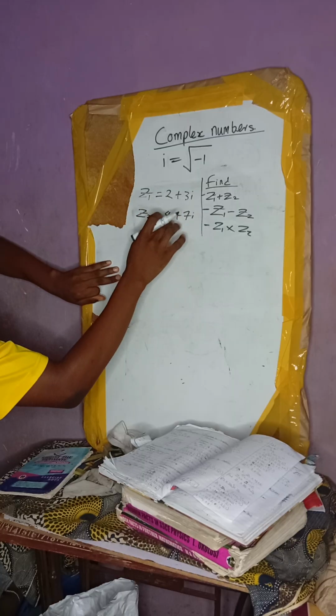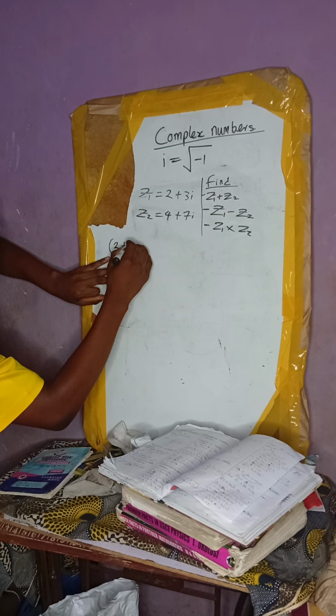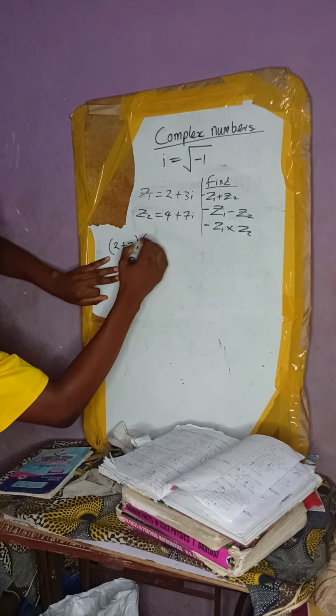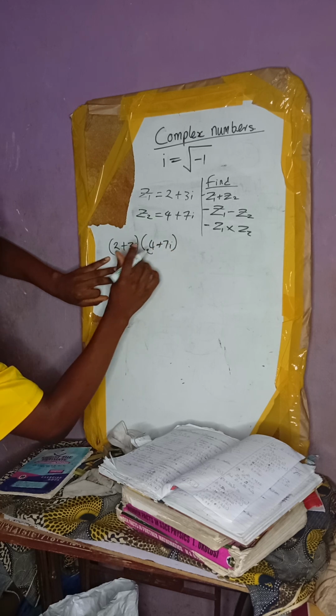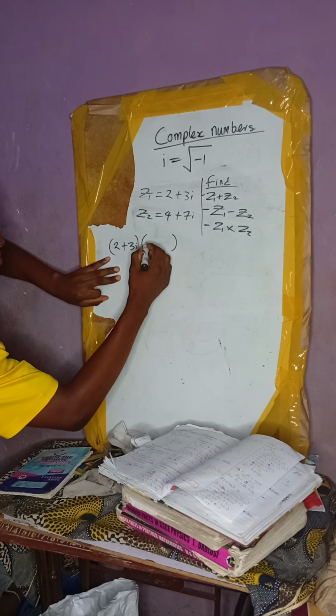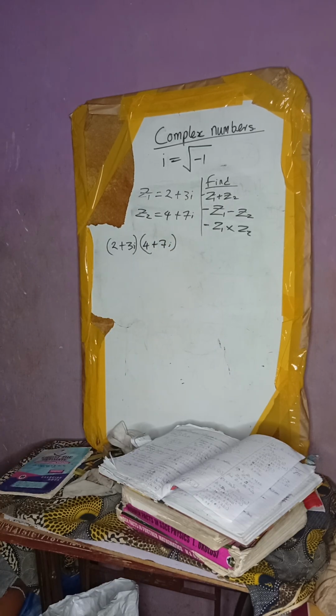So they're telling us to multiply these two. We put them inside brackets: 2 plus 3i, you see multiplication like this, times 4 plus 7i. Let me just write it. So now to multiply, it's still just basic algebra.